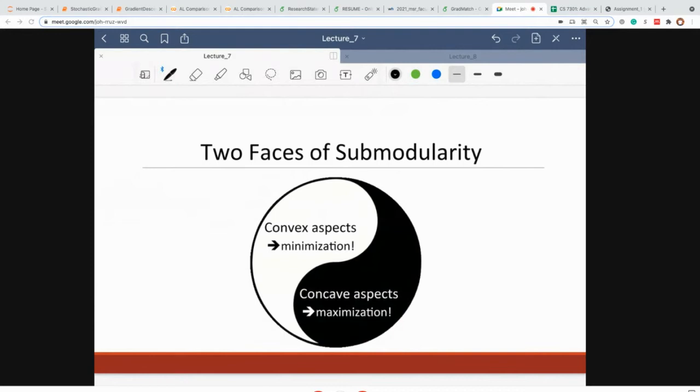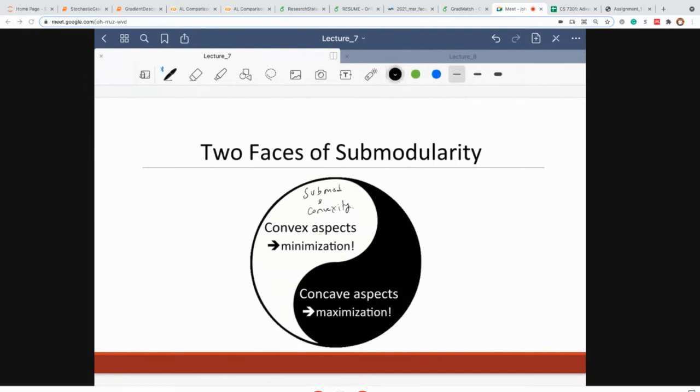The minimization aspect is akin to the convex aspect, and here you draw the relationship between submodularity and convexity. A lot of this relationship is exploited in the optimization algorithms for submodular minimization.